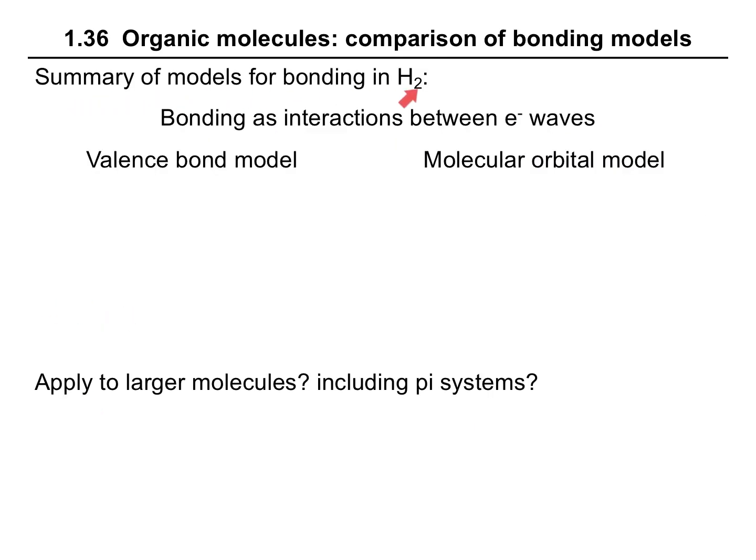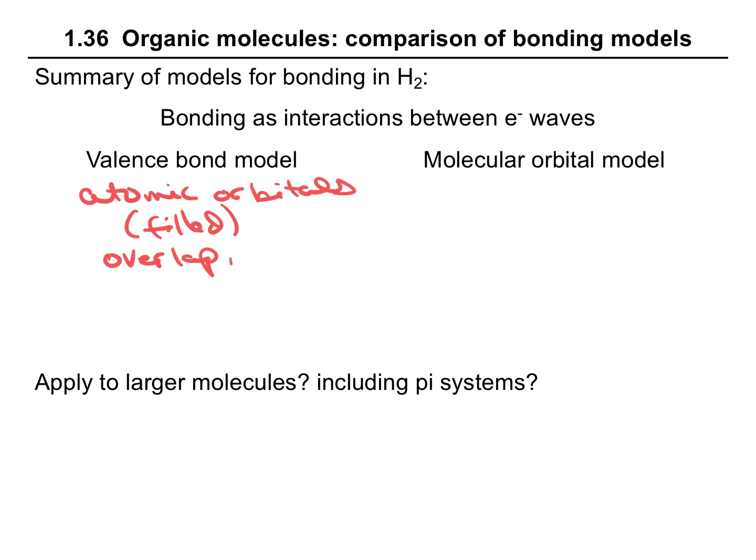So to summarize the models for bonding applied to hydrogen, we're thinking about bonding as interactions between electron waves. And in the case of valence bond model, we think about having the atomic orbitals, which are filled. They overlap and then combine to form the bond.